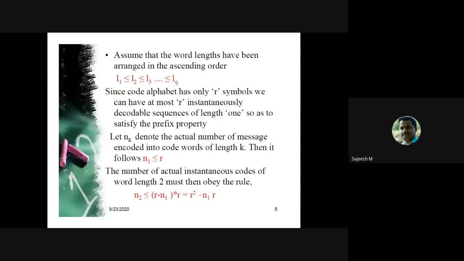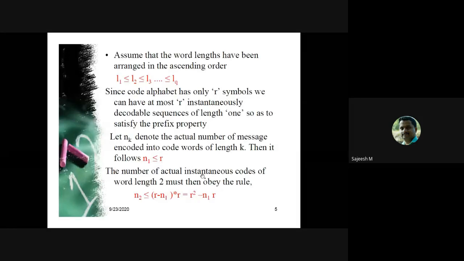Similarly, n2 denotes the number of messages encoded into code words of length 2, and n3 denotes the number of messages encoded into code words of length 3. Here we can see that n1 will be less than or equal to r.